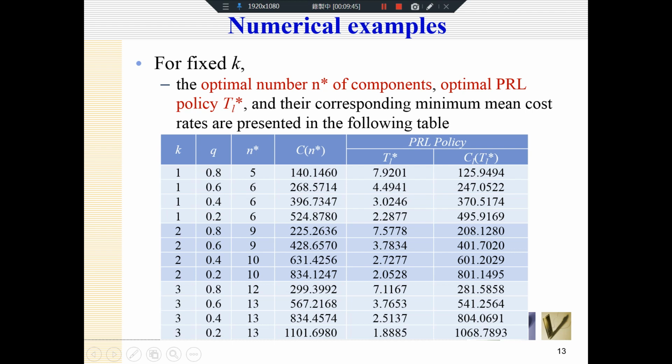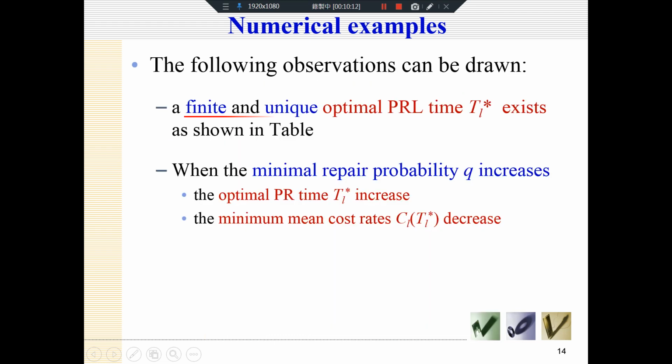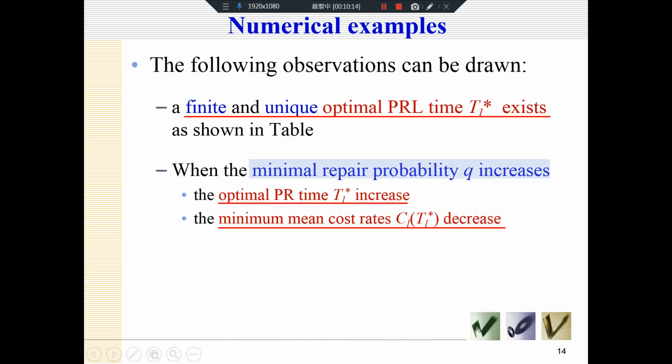And when the minimal repair probability Q increases in the 3 cases, the optimal PR time TL star increases, and the mean cost rate CL of TL star decreases in the 3 cases. These are the findings.